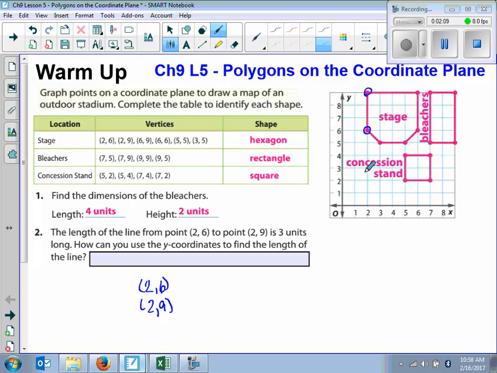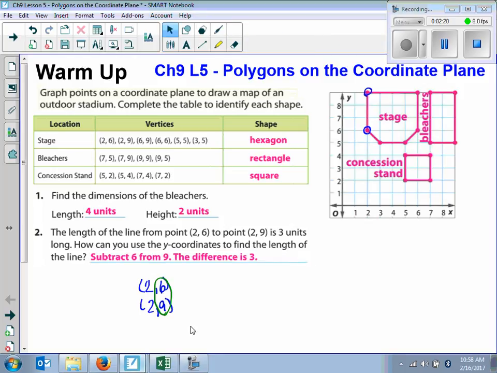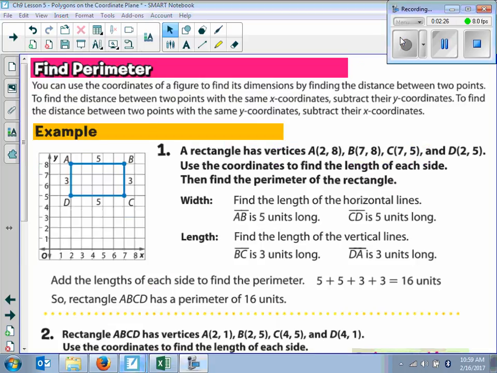Well, you could just subtract the 6 and the 9, right? So that is how you can get the distance between those two points: subtract. Finding the perimeter: you can use the coordinates of a figure to find its dimensions by finding the distance between two points.